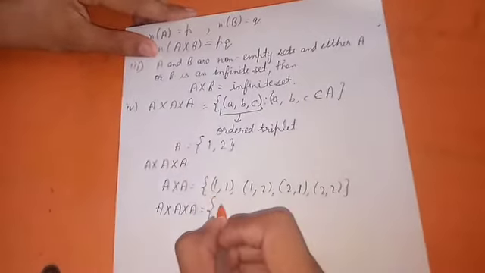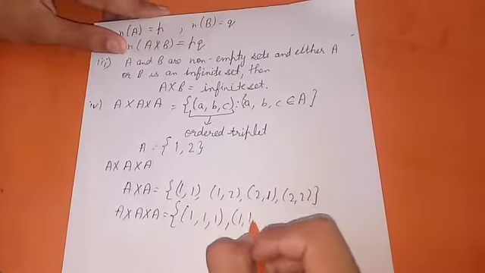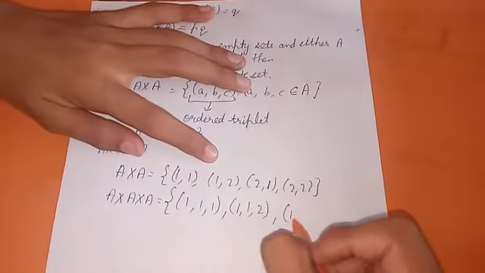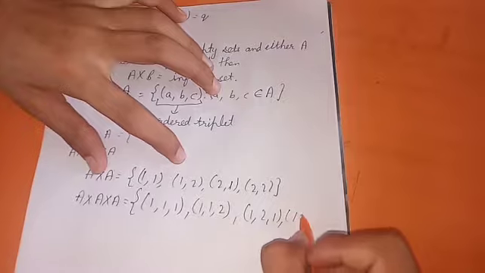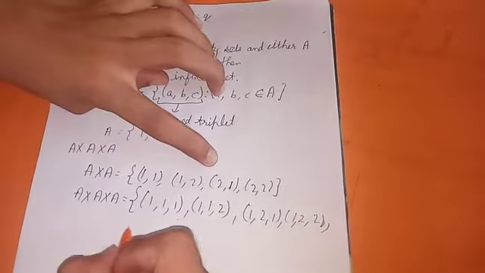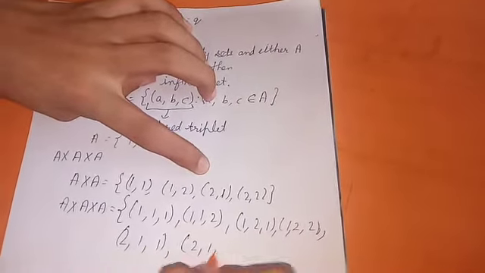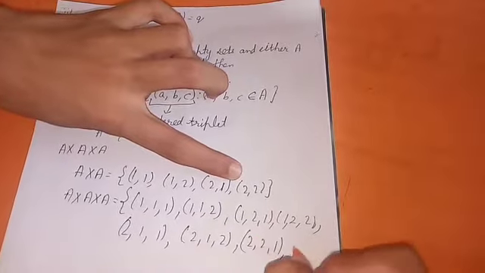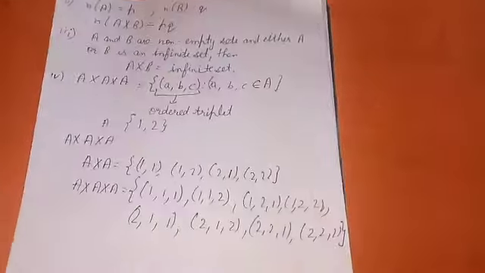That will be (1,1,1), (1,1,2) with the first, then (1,2,1), (1,2,2). Now with this, (2,1,1), (2,1,2), and then with this (2,2,1), and then (2,2,2). It will be our triplet.